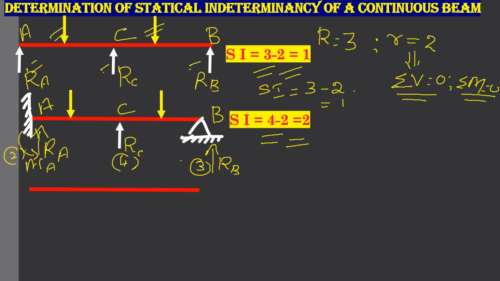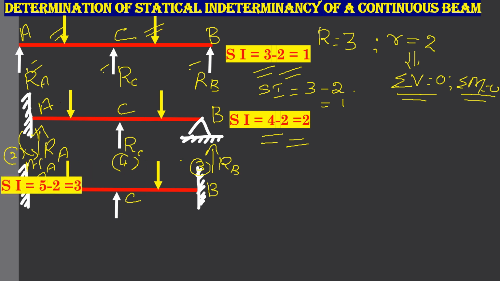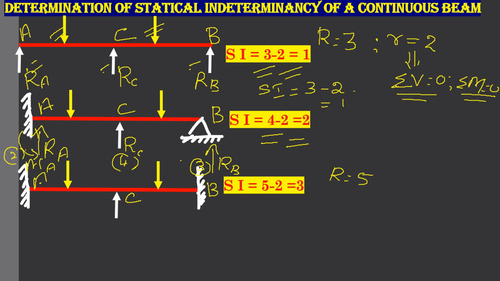Now the third example is, it is fixed support at A, another fixed support at B, and a simple support at C, loaded by two vertical concentrated loads. So our number of unknowns R is equal to 5. How is R equal to 5? See, here you have RA, we have a moment MA.